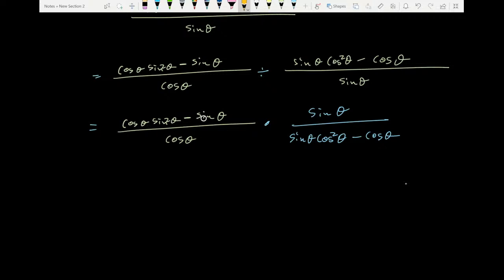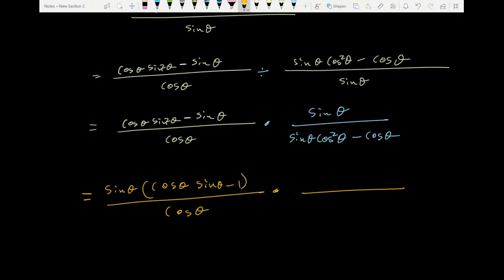Let's factor out something that we have over here. Sine of theta, and I'm left with cosine of theta times sine of theta minus 1 over cosine of theta, sine of theta, and I can factor out cosine over here, cosine of theta, I get sine of theta cosine of theta minus 1.